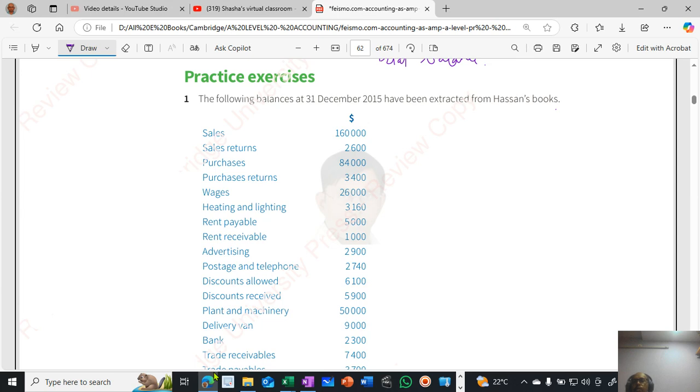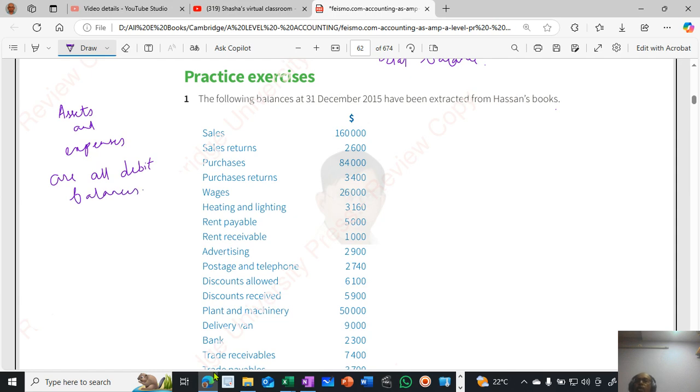So remember one thing before preparing the trial balance: assets and expenses are all debit balances.